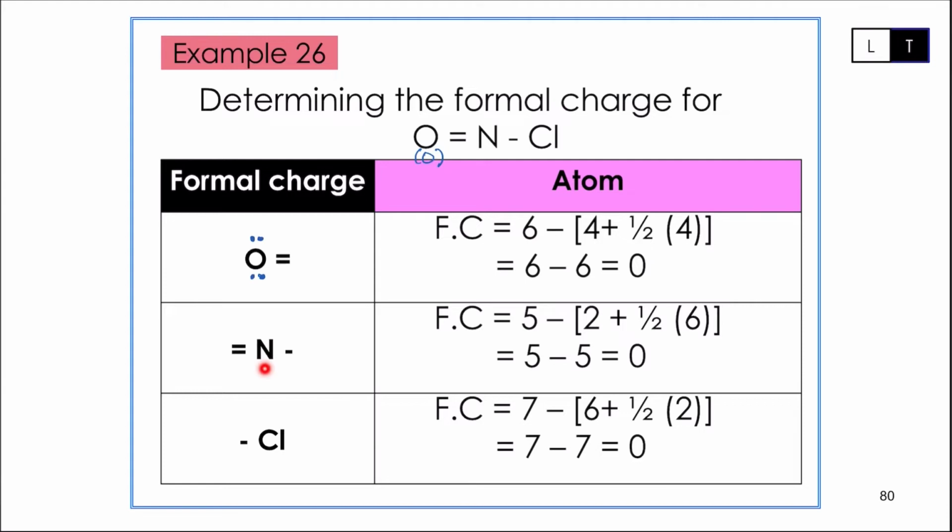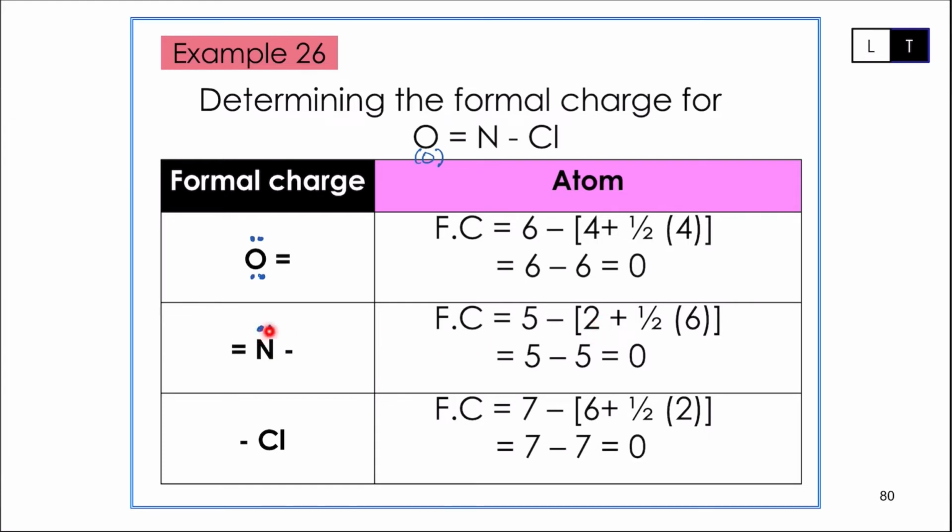This is the structure for nitrogen. I bring satu double bond sebelah kiri dan satu bonding pair sebelah kanan. And don't forget, nitrogen dia ada lone pair. Ada satu lone pair. Okay, sebab tu dia cukup 8 electrons. Now, to calculate the formal charge, 5 valence electrons minus with 2 lone pair electrons.